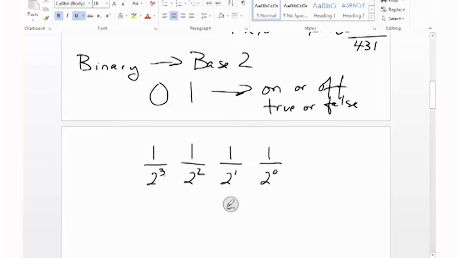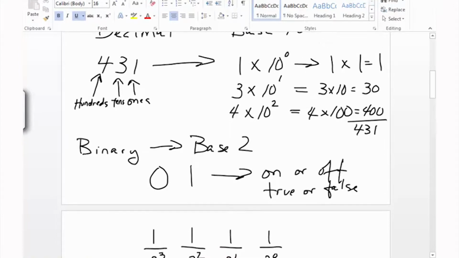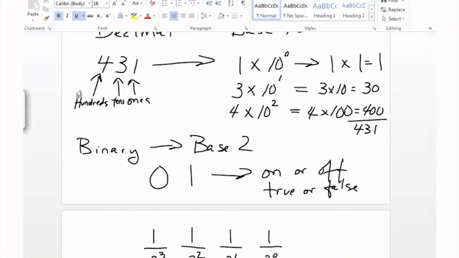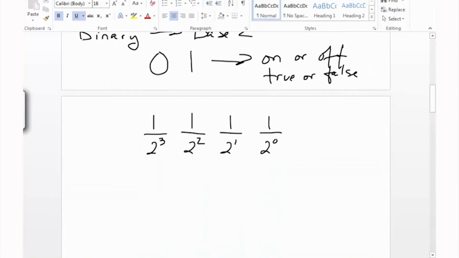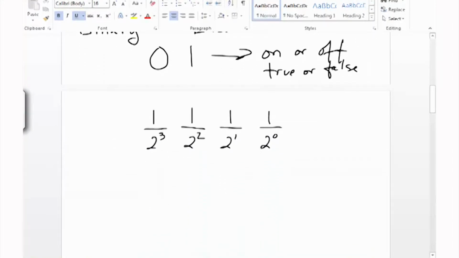Okay, so we're doing something, again, very similar to what we did in the decimal numbering system. If we back up here, we raise that 10 to the 0, that 10 to the 1, that 10 to the 2. If we had gone out another one, it would have been 10 to the 3rd. So it works in a very similar fashion, but again, with a different base.